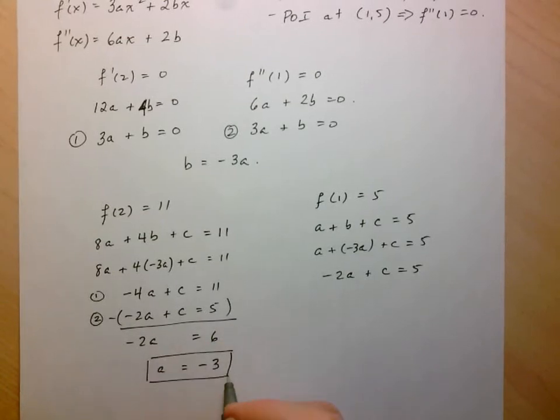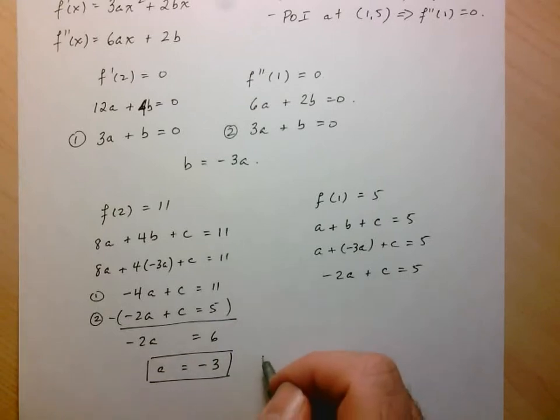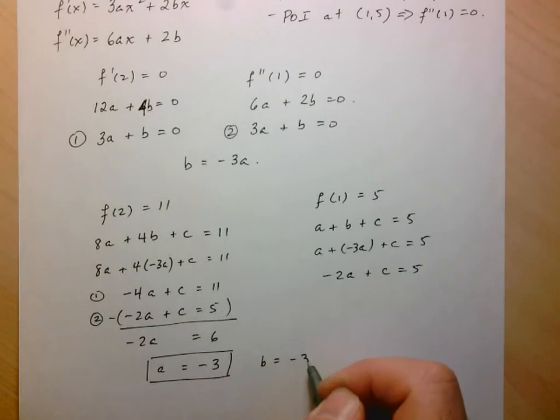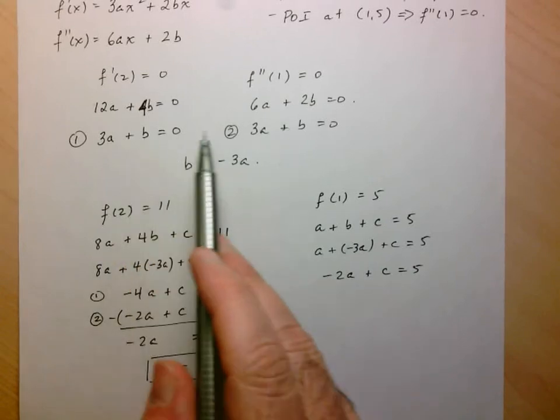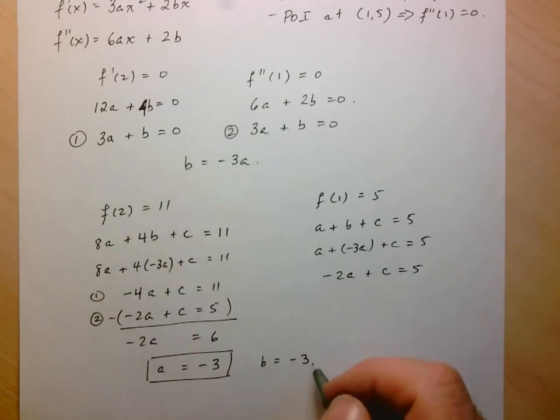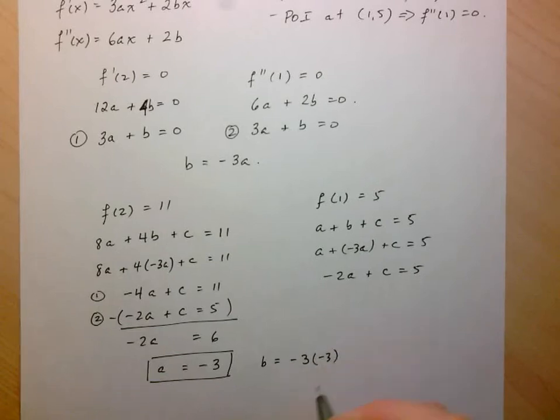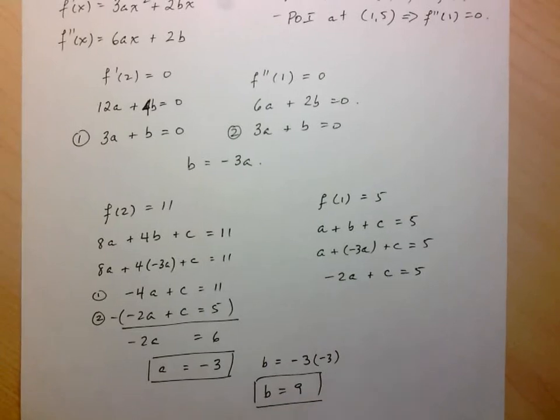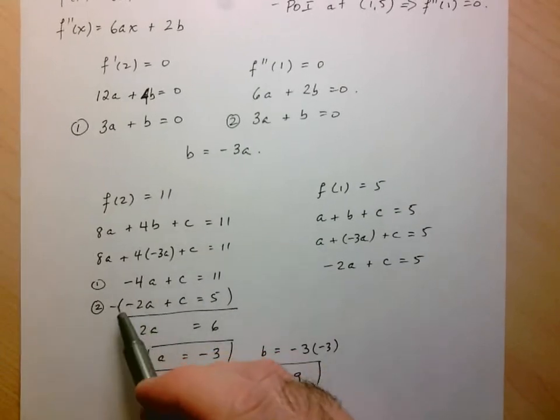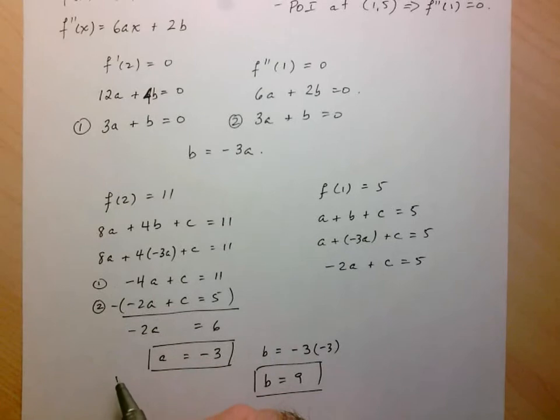So there's one of our solutions. But we know that b is equal to negative 3a. That's what we got from working with the derivative and second derivative. So negative 3 times negative 3, so we've got b is equal to 9. There's our second coefficient.